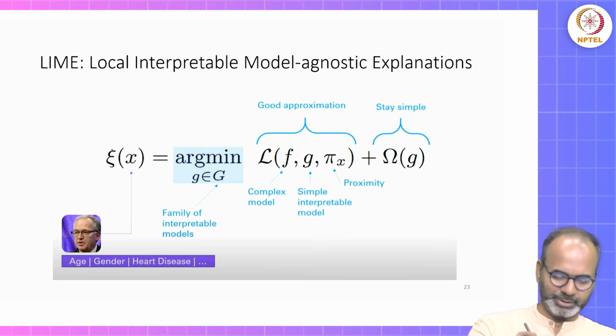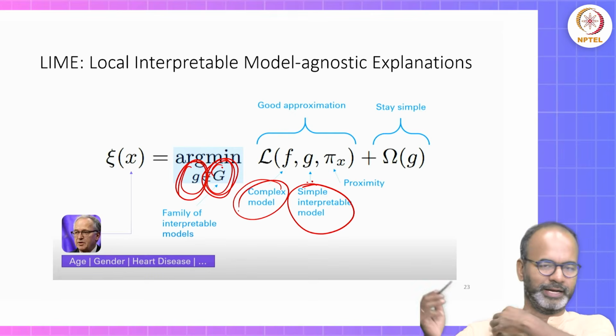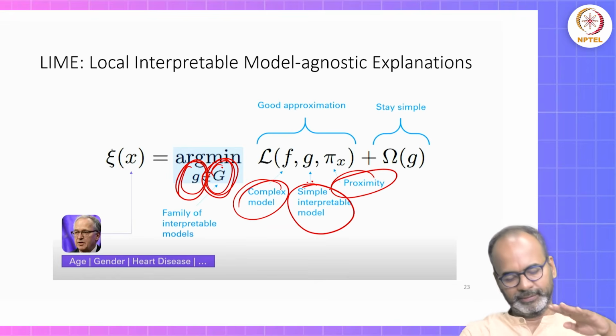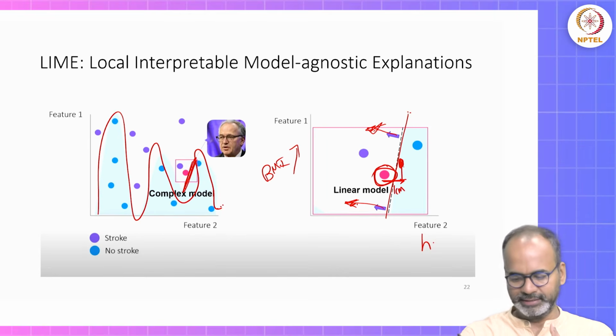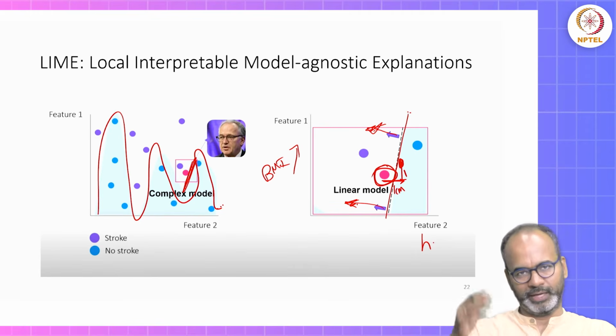Quickly, this is the whole family of interpretable models. From that, we choose this G model, a simple interpretable model, which is the linear model I mentioned. F is the complex model over all the data points. Proximity is what I said about 1 centimeter of height and 1 value of BMI going up.